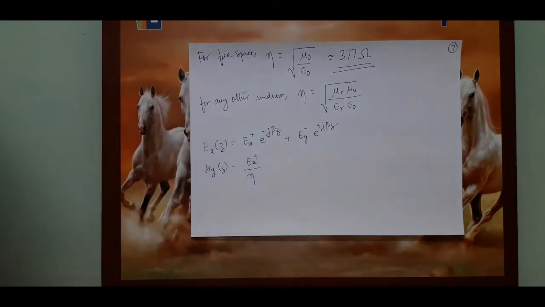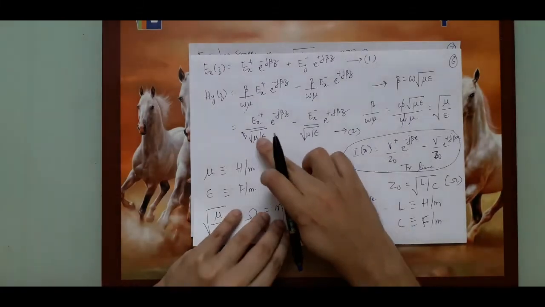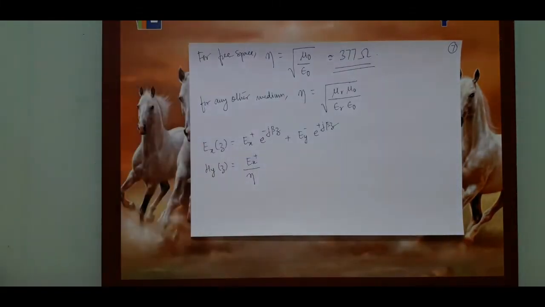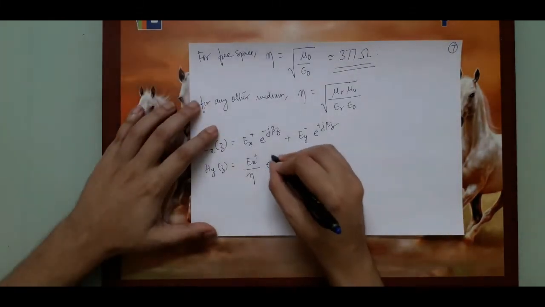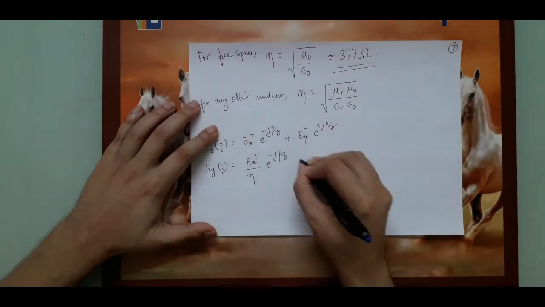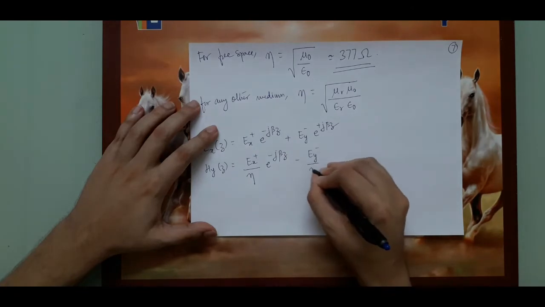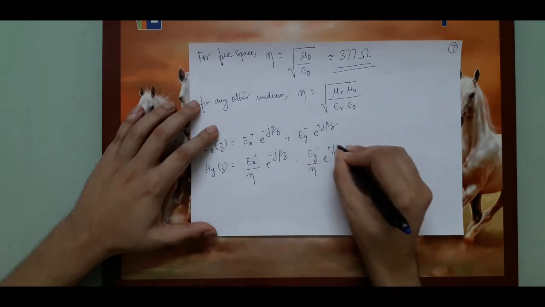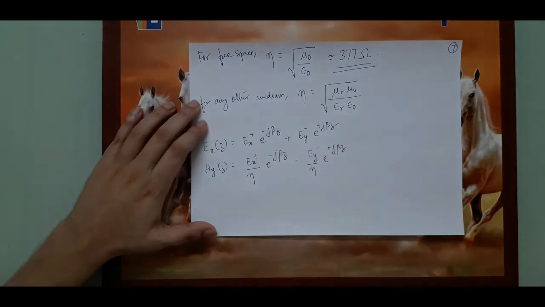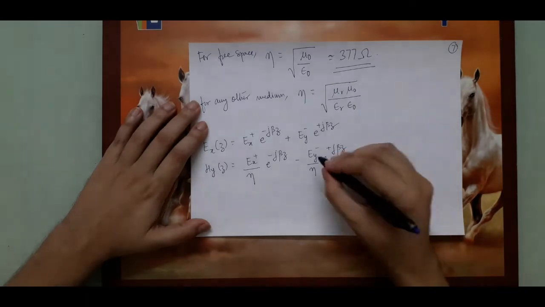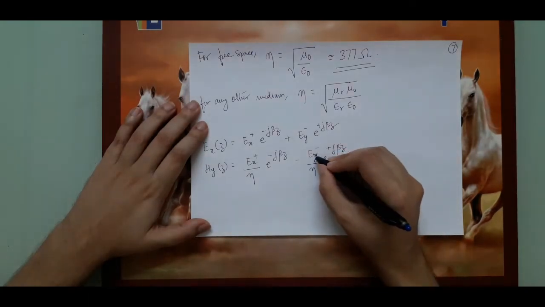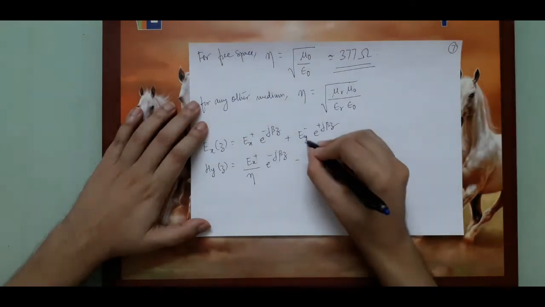So now we know that this quantity is eta, so let us write it that way, times e raised to minus j beta z minus Ex minus by eta e raised to plus j beta z. Sorry, this should be x. This should be x.